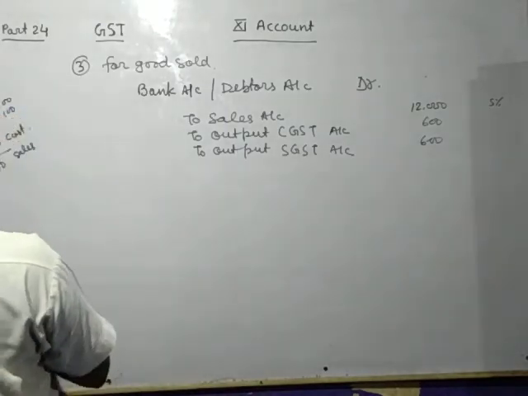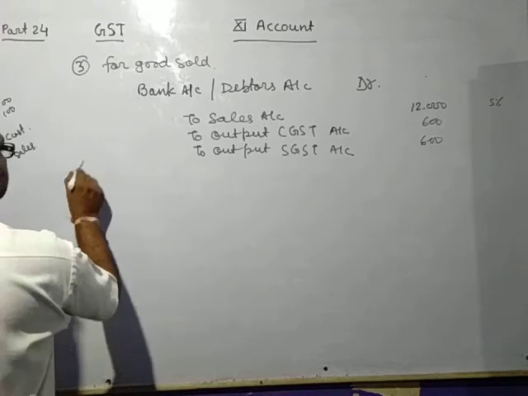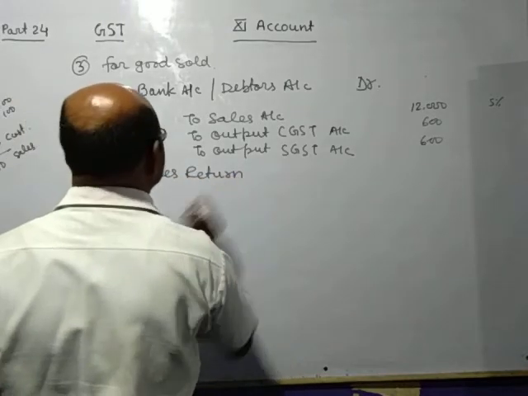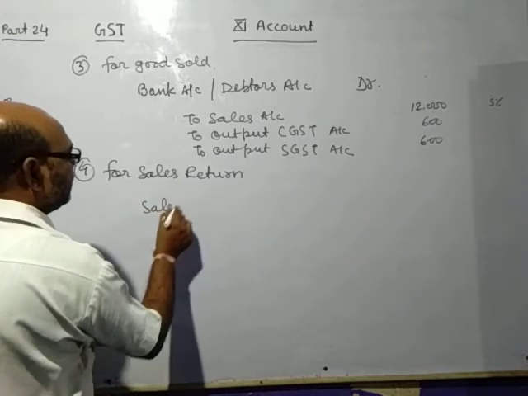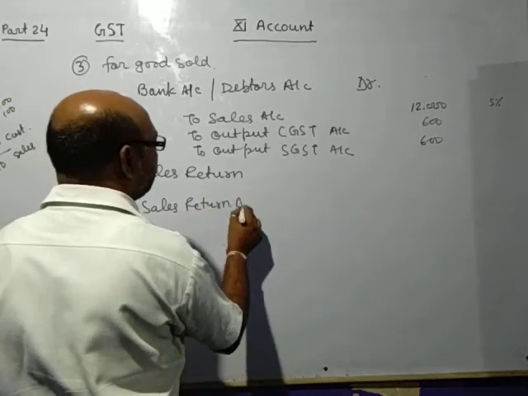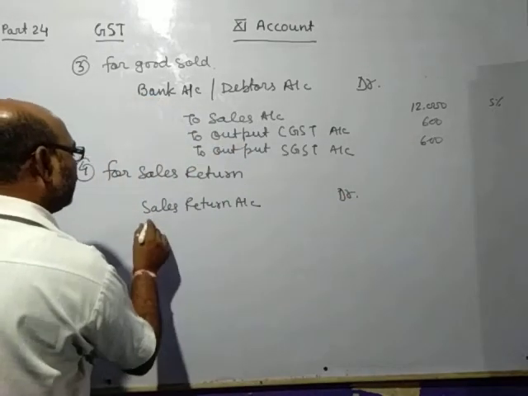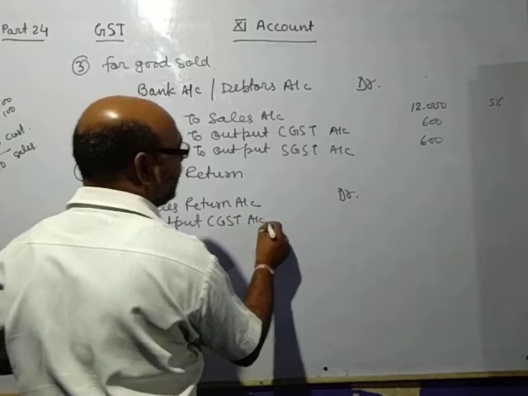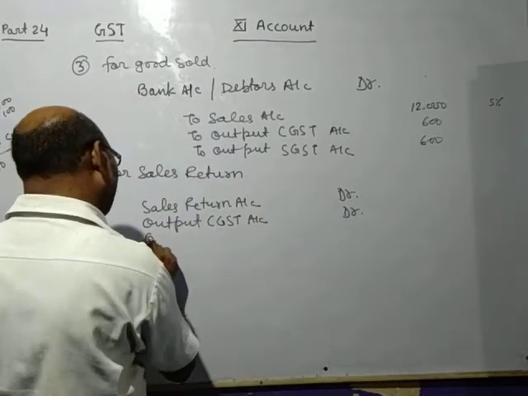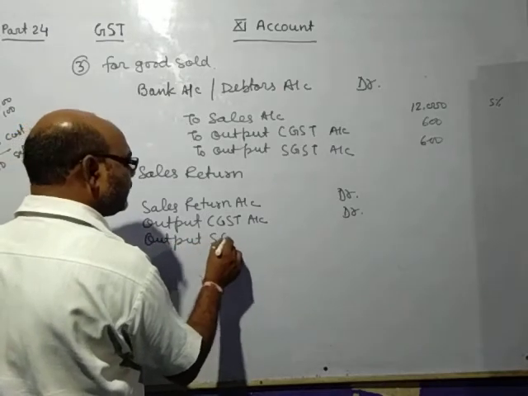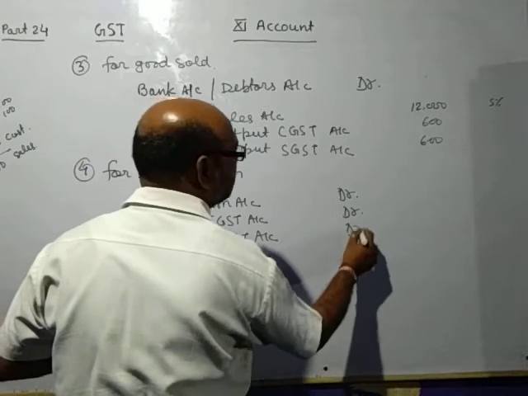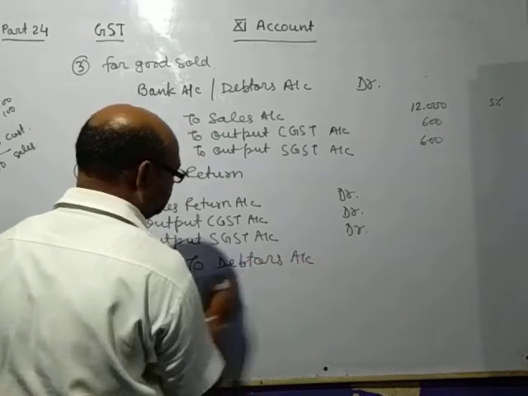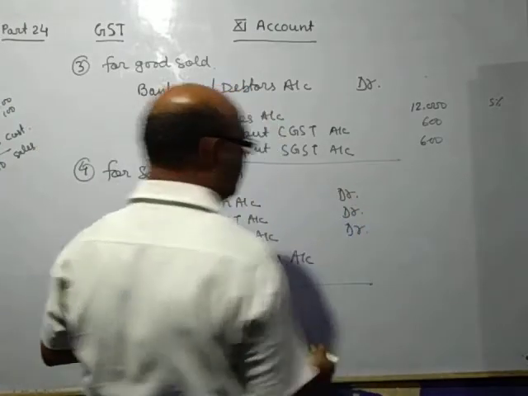In the same way for sales return, you will pass the entry: sales return account debit and output CGST account debit, output SGST account debit, to debtors account. So this entry will be passed on the sales return.